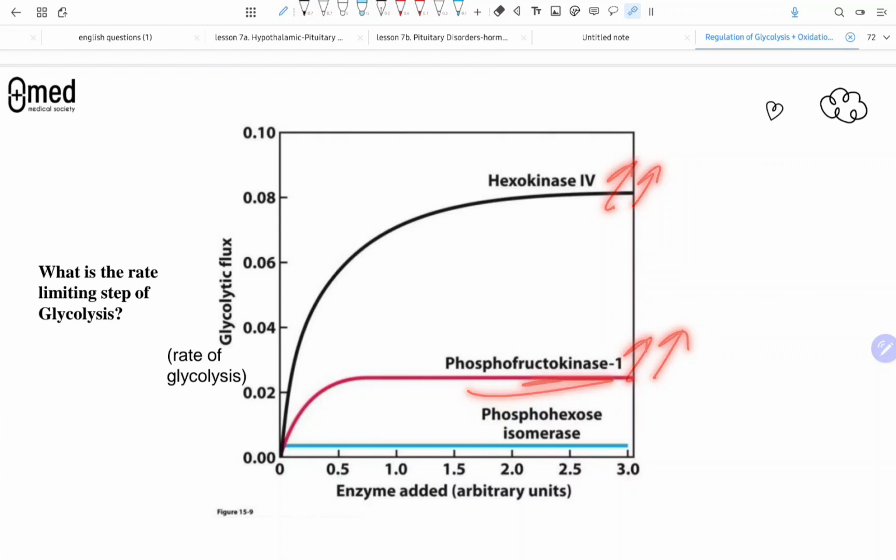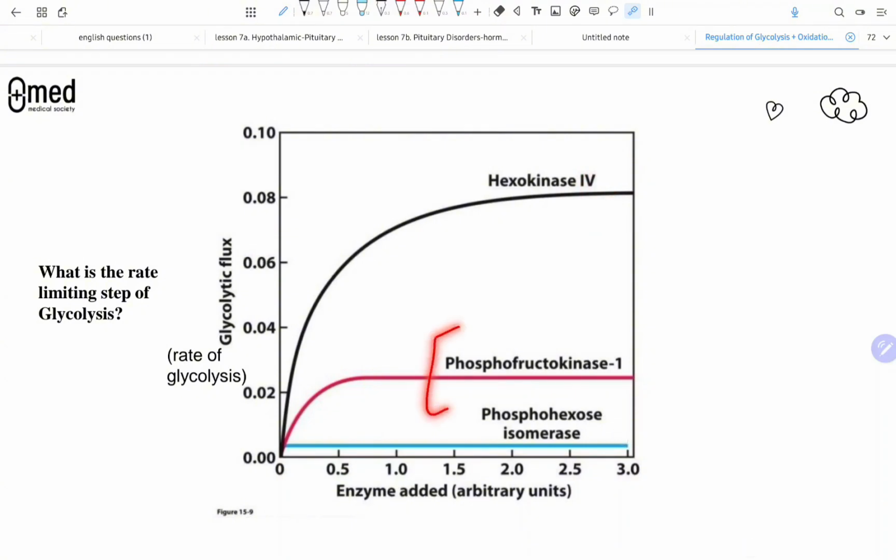So her purpose of this graph is to ask you, what is the rate limiting step of glycolysis? You cannot say it's hexokinase, because a rate limiting step is the slowest step in the reaction of glycolysis, and the speed of this step actually affects the whole rate of glycolysis.